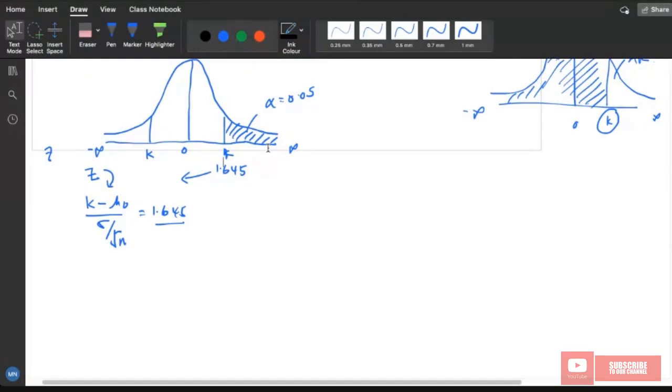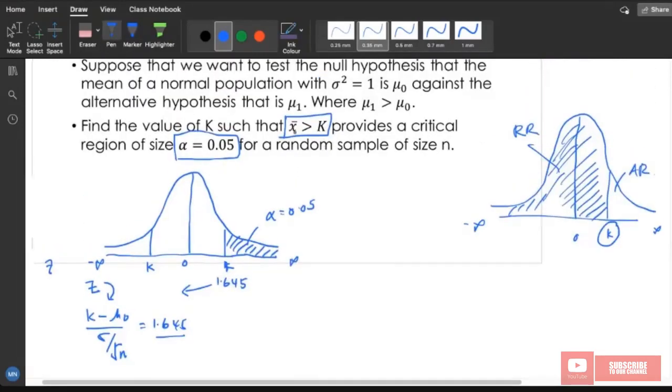However, the question already tells us here. In this example, it says find the value of k such that x bar is more than k, with the region of alpha 0.05. So this one is clear cut, we don't need to work out right or left.